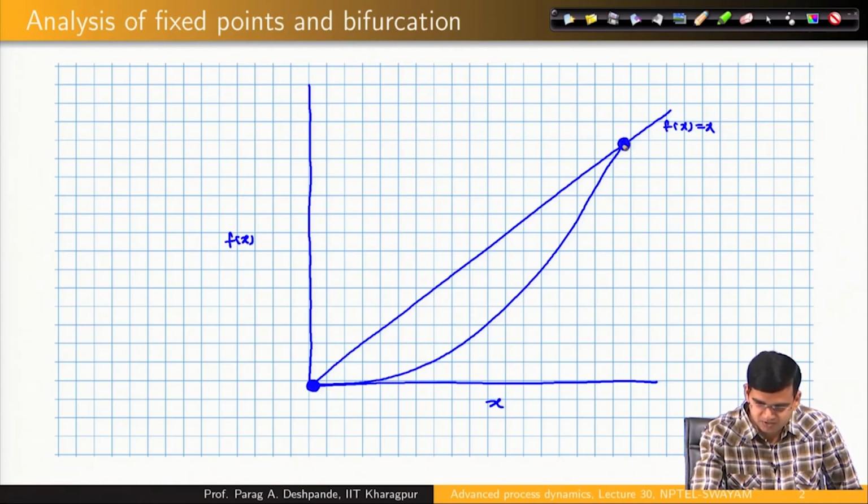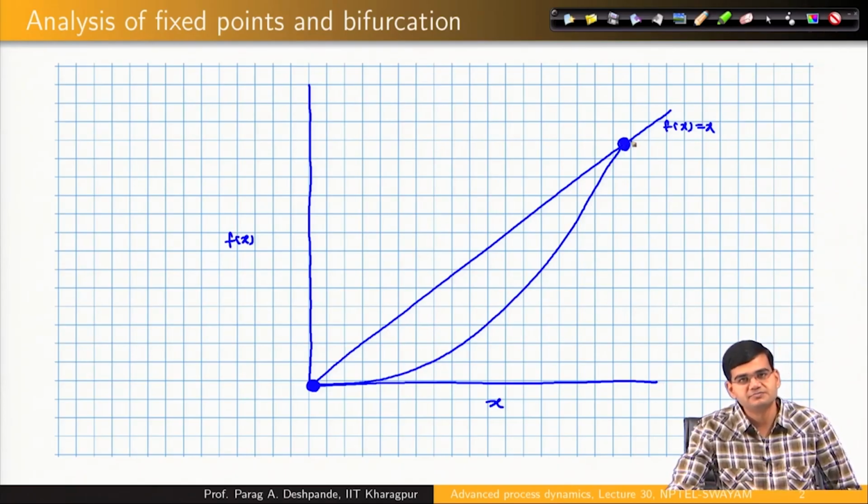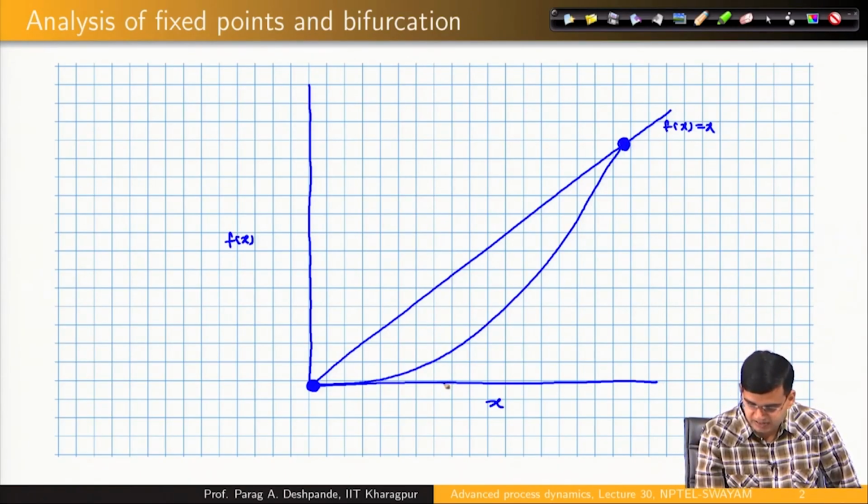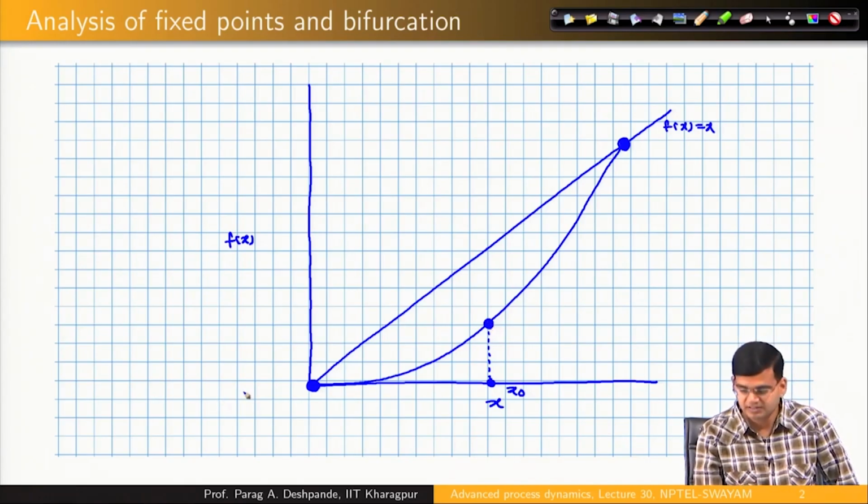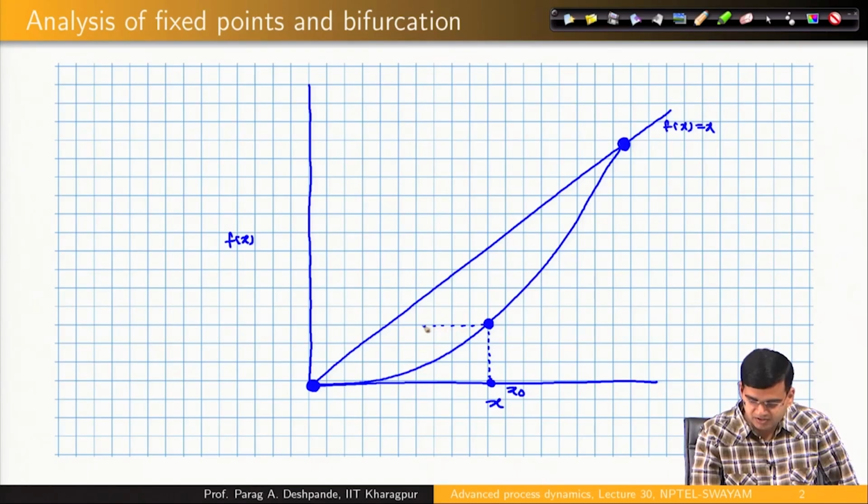I need to know the natures of the fixed points. I would start with an x 0, go to the corresponding point on the f of x curve to get the value of x 1, go to the y equal to x line, and keep on making triangles. What I see is that I am slowly reaching towards this point. So, this is an attracting fixed point.